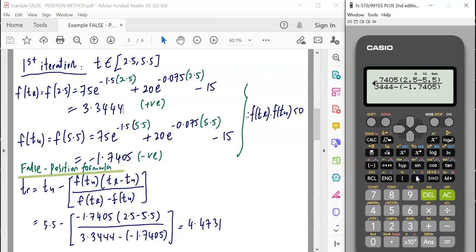To make your cursor normal, you press the right arrow button at your laptop, and then we close our right bracket. Make sure you insert everything correctly, then you press equal. Ta-da! Now you can obtain the value 4.4731 of your TR.